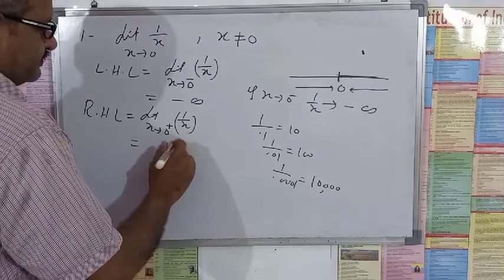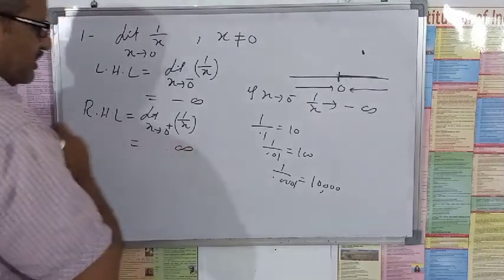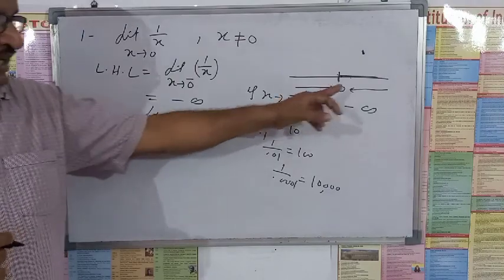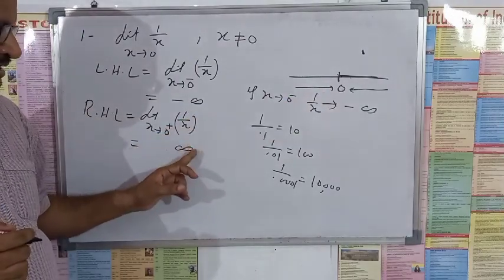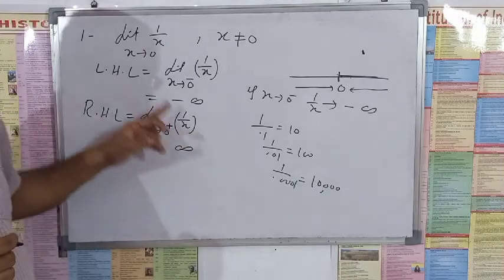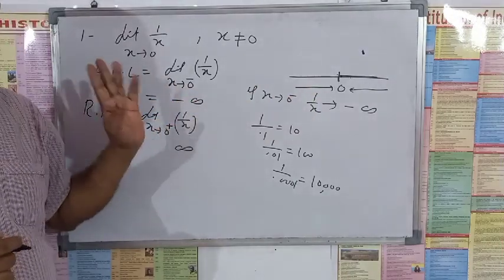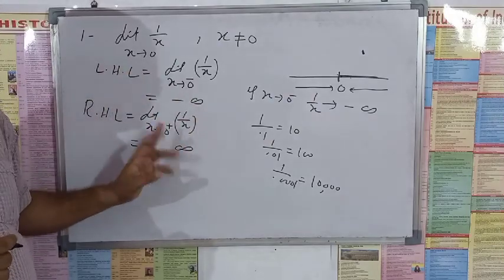So on the right it will be plus infinity. As x tends to 0 from the right side, 1 by x tends towards infinity. And as x tends towards 0 from the left side, 1 by x tends towards minus infinity. So both limits are not equal.